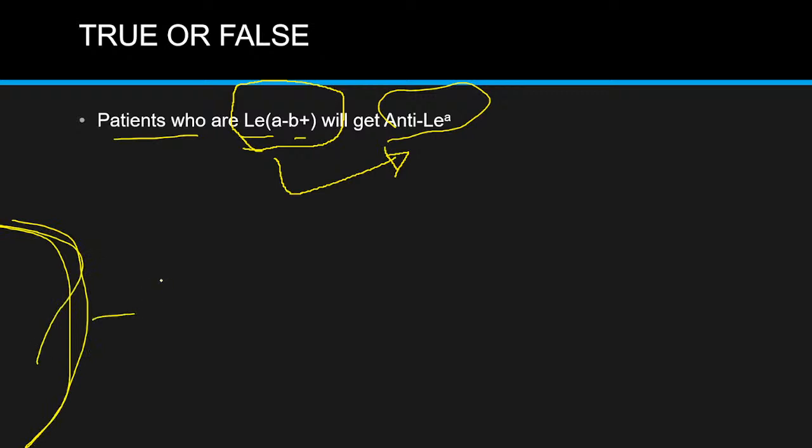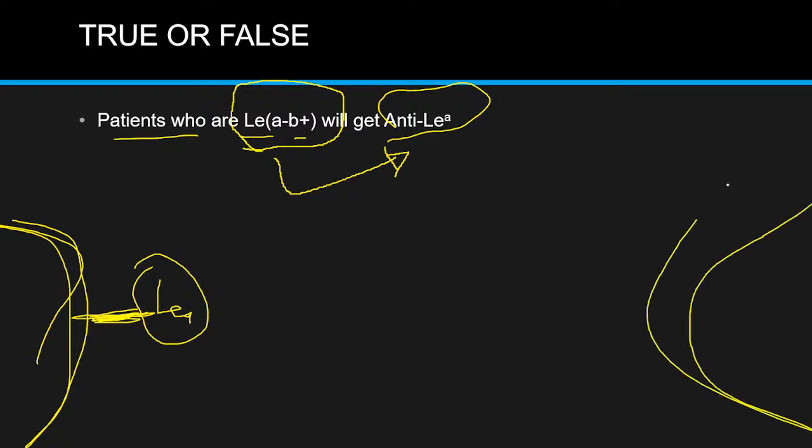You have anti-LEA, but there's only a weak expression of it. Okay? You still have anti-LEA, and your predominant chain in this case is going to be anti-LEB.